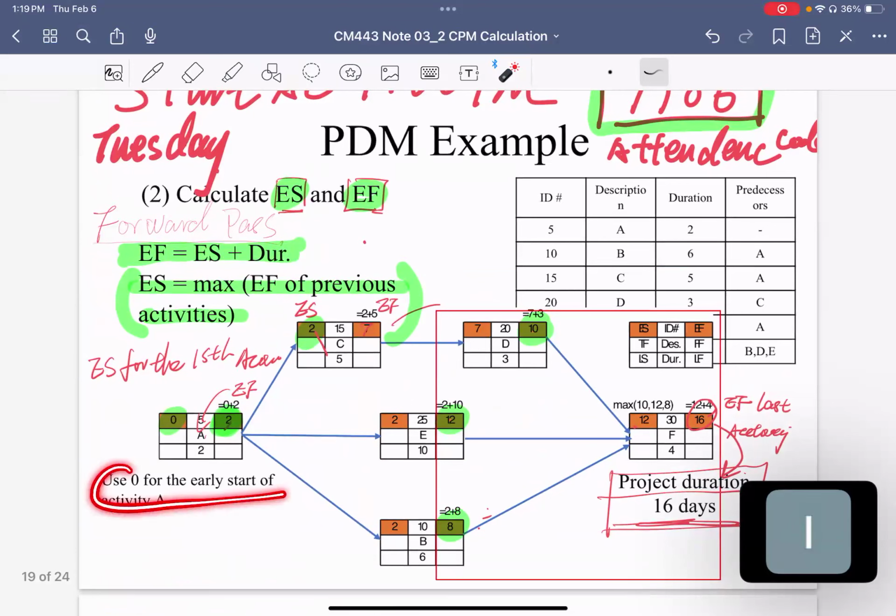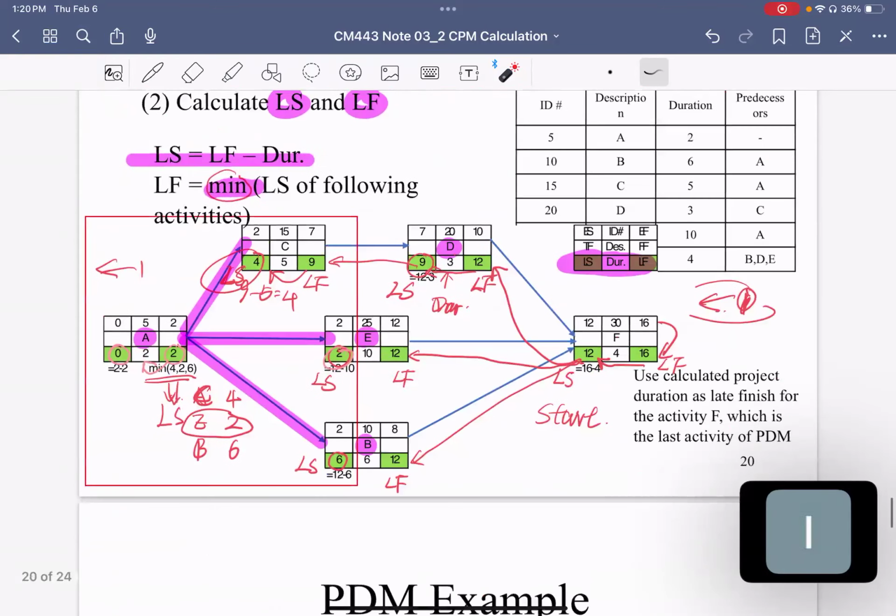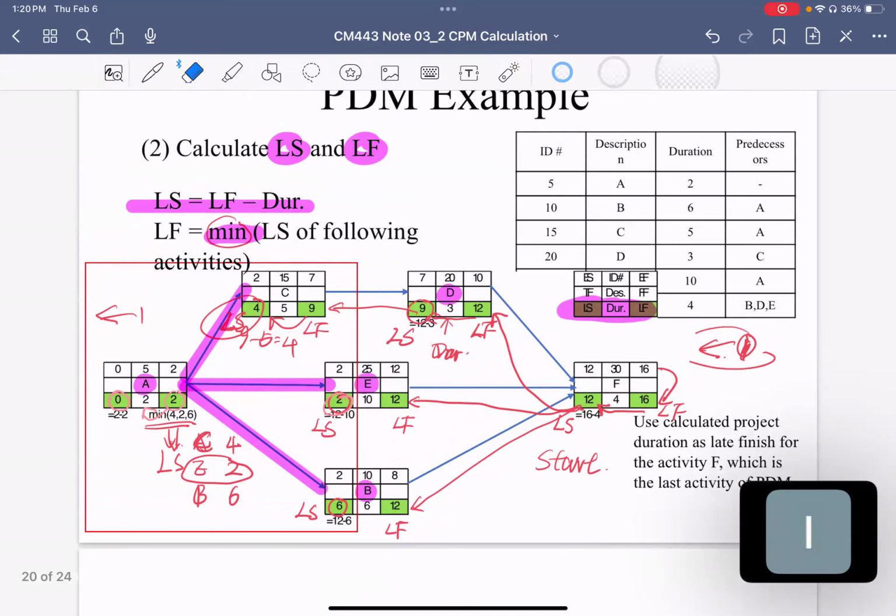The first thing we do is use zero here, because without zero we cannot find any more, right? So we do those one by one. Again, for the backward pass, we start from here and go to here and here, then we do this. So that is the backward pass.